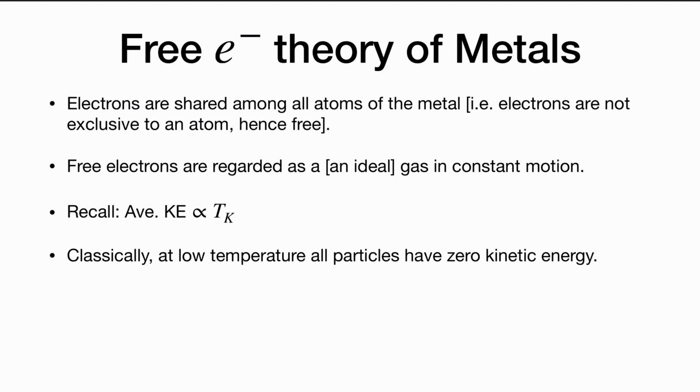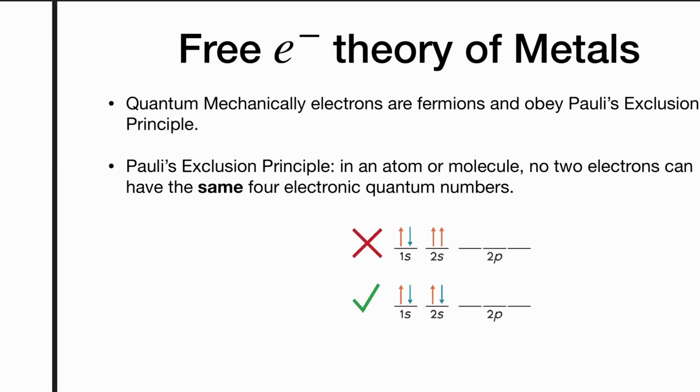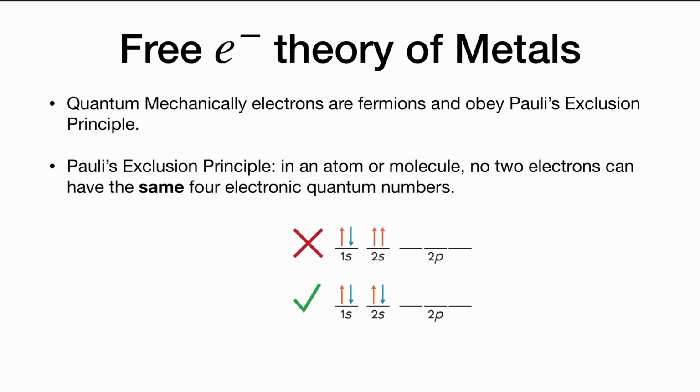So how can we improve on this theory? Well, before we get there, we need to again go back to the basic principles, that although these electrons are moving around and they don't belong to any particular atom, they still must obey Pauli's exclusion principle.